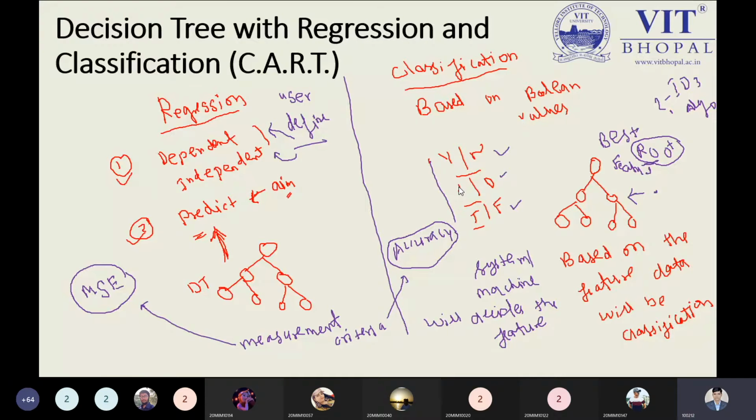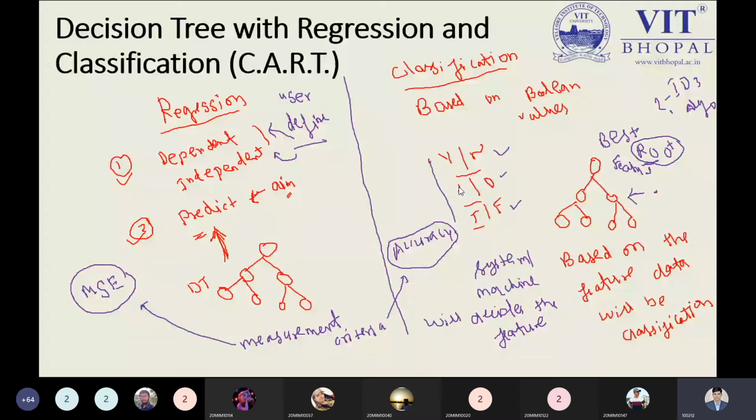So what is CART? CART stands for Classification and Regression Technique. CART is a simple method supported by both approaches. And what are both approaches? Regression and classification.